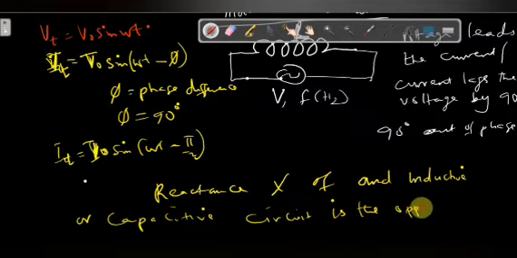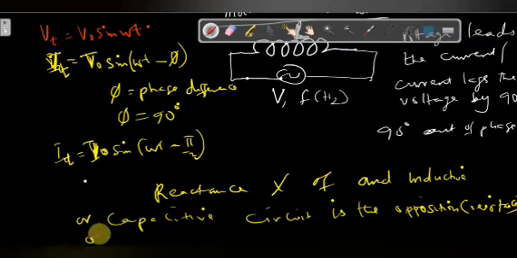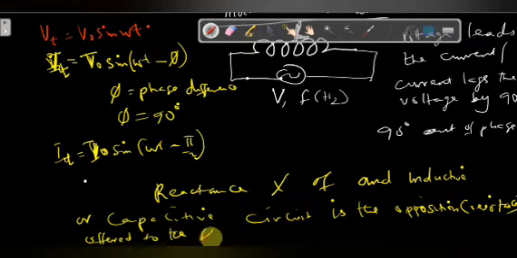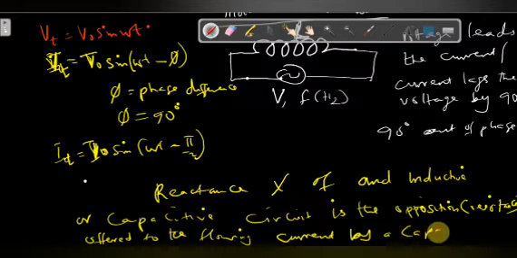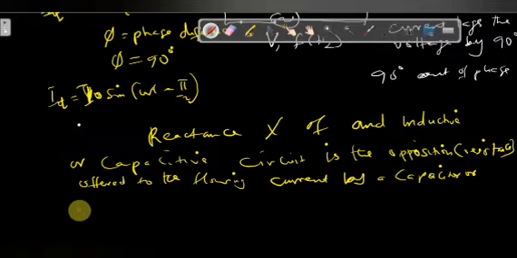is the opposition or resistance offered to the flow of current by a capacitor or an inductor.